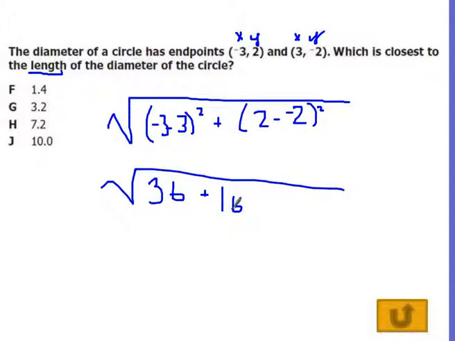And don't forget to take the square root. The square root of 52 is approximately 7.2, so this is our answer.